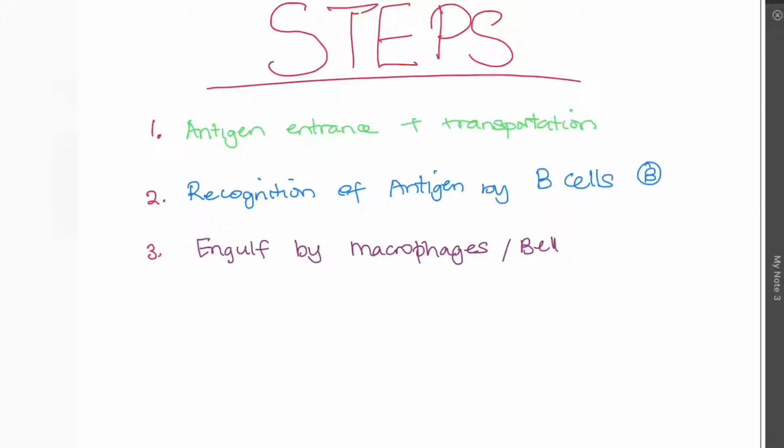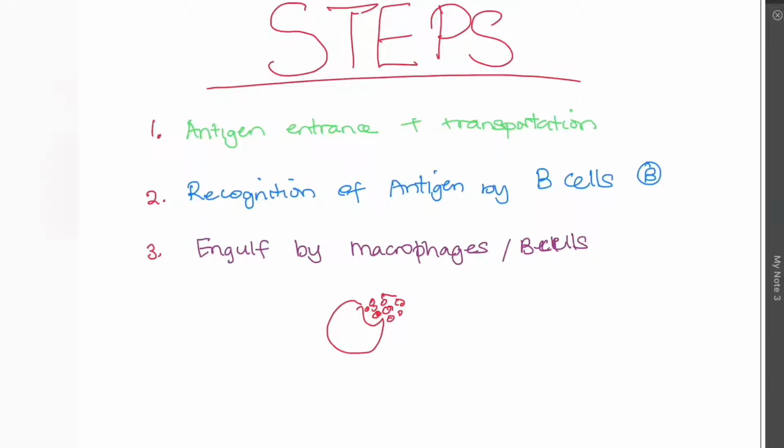So what happens next is that these antigens are engulfed by macrophages and B cells. Well, mostly macrophages. You ever see movies where they're trying to trap someone and they go up in the net and stuff like that? It's like that. The macrophage engulfs them. It will be like the net, right?